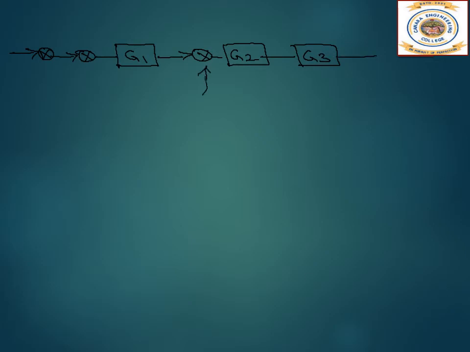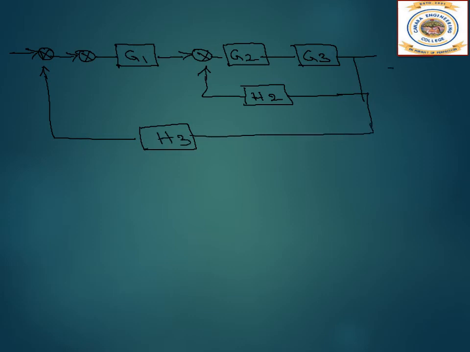In this path we have H2. So here we have H3. This is what we have shifted here, all negative feedback.